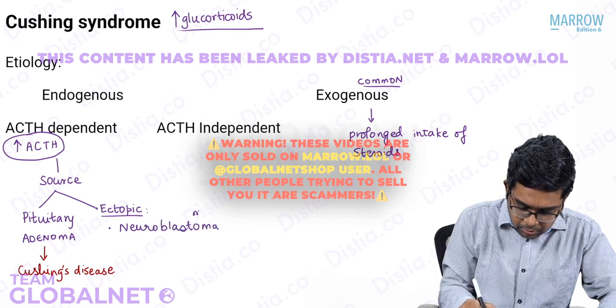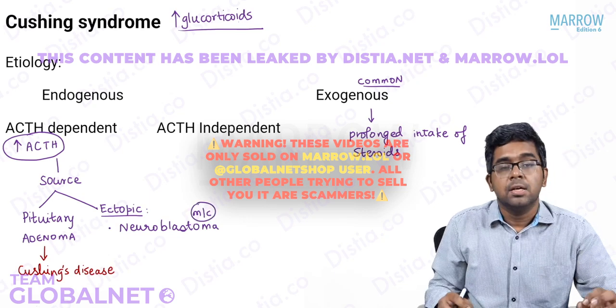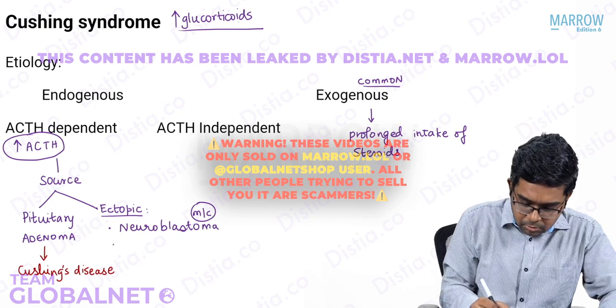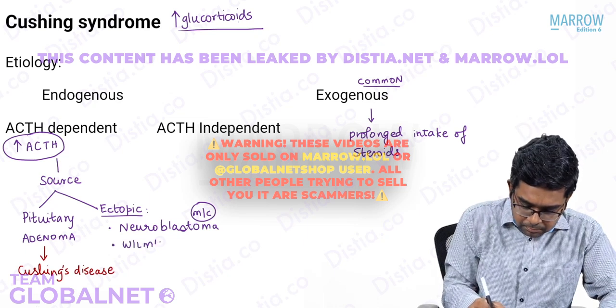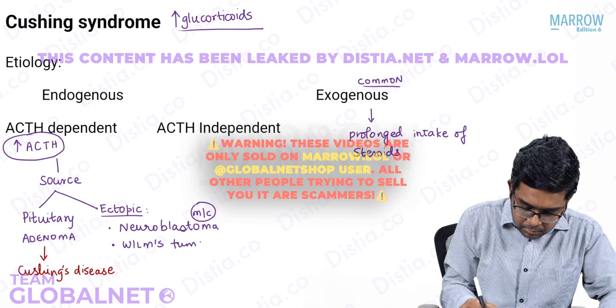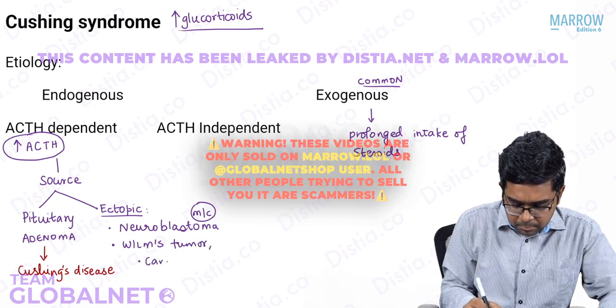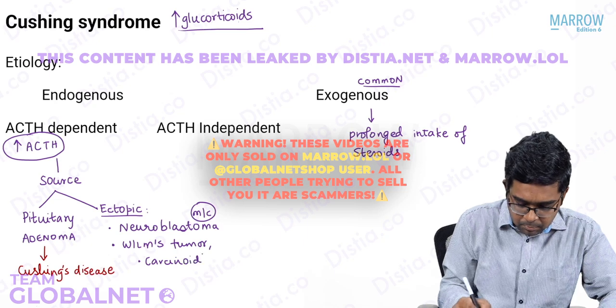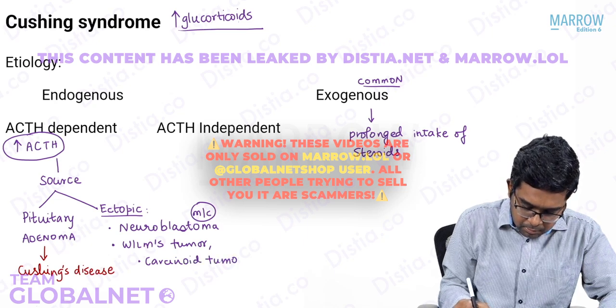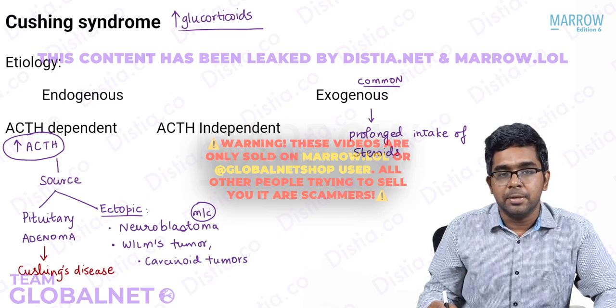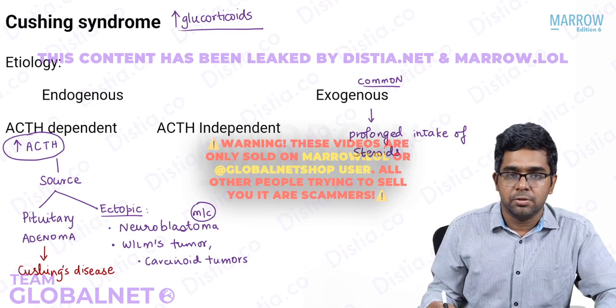That is the most common tumor which is characterized by ectopic production of ACTH. The other tumors include Wilms tumor and rarely carcinoid tumors. These are the conditions which are included under the ACTH dependent endogenous cause of Cushing syndrome.